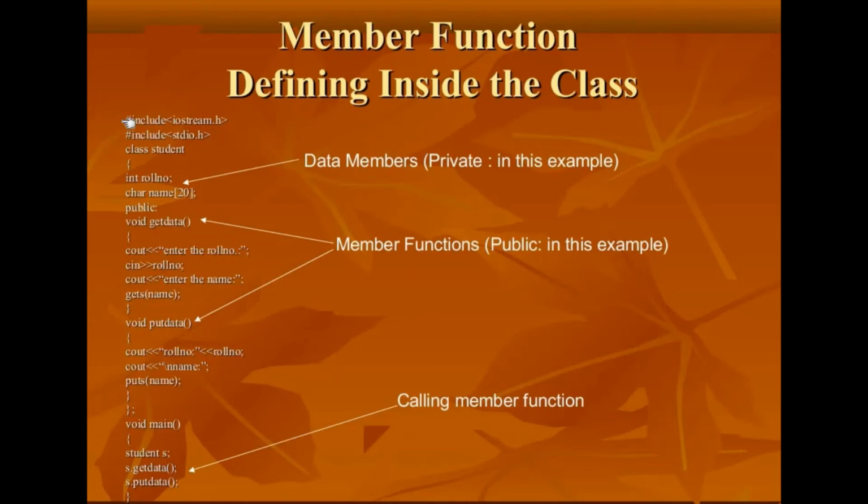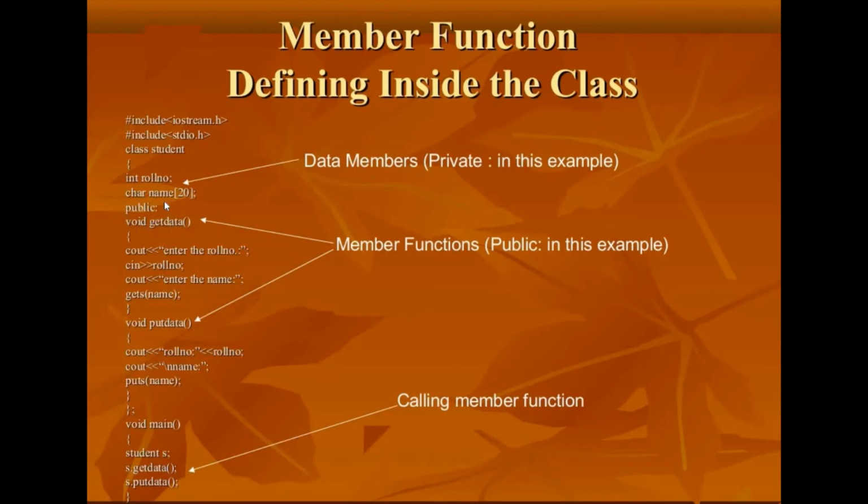See, this is the header file iostream.h, name of the class as student. Member variables are the roll number as well as the name. We are declaring the member functions, right? So we can define the member function within the class here, in that public section, then we'll write here void getdata.